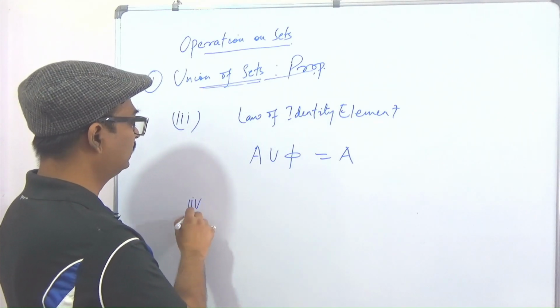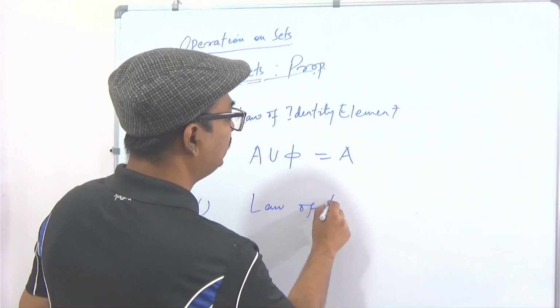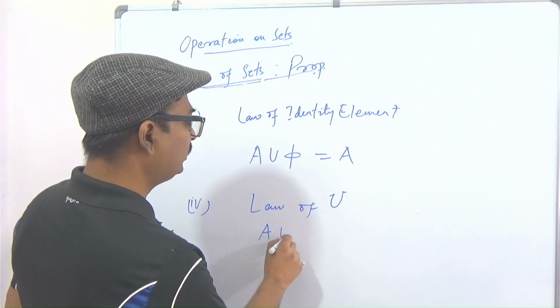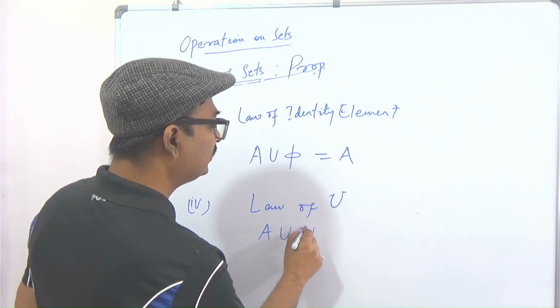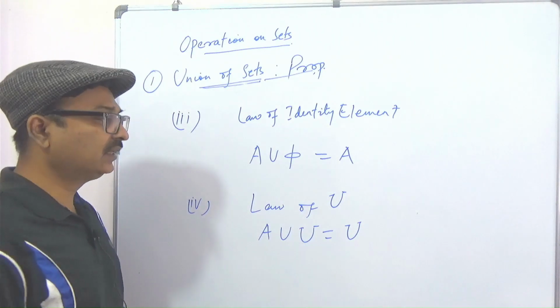Fourth is the law of U. What is it? U, the universal set. A union universal set is the universal set. Very logical. Why?